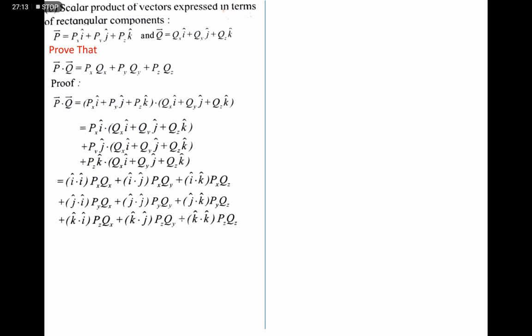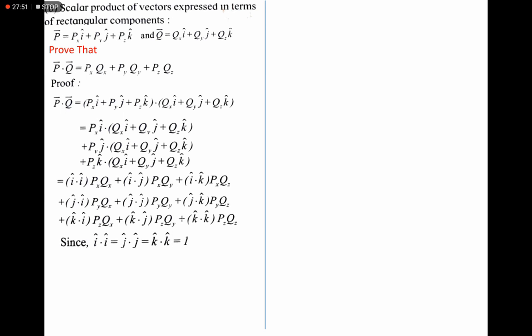So now the third term, Pz k bar, multiplies to the second bracket: k bar dot i bar Pz Qx, k bar dot j bar Pz Qy, and k bar dot k bar Pz Qz. Then here, the characteristic of unit vectors, this identity, has to be used.